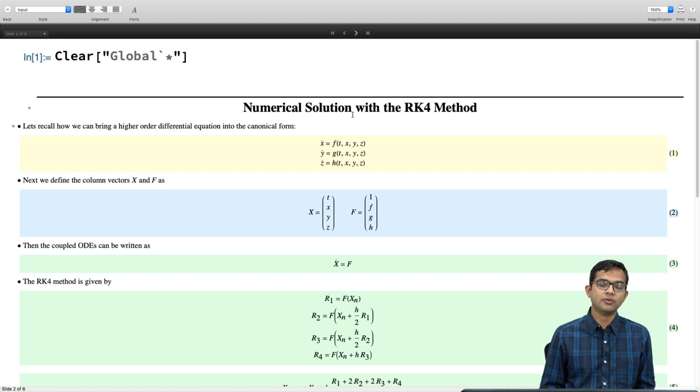You have to first recast an arbitrary order equation into a first order equation involving more variables. So that's a first step, and time itself is treated as one variable. So when we do this, we are able to rewrite it as x dot equal to f.